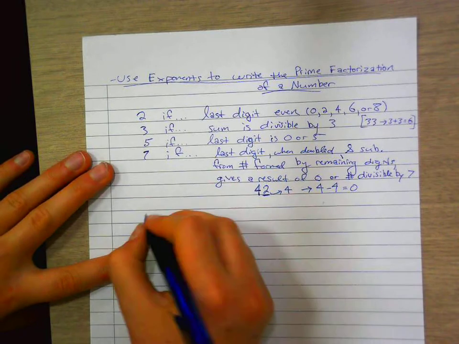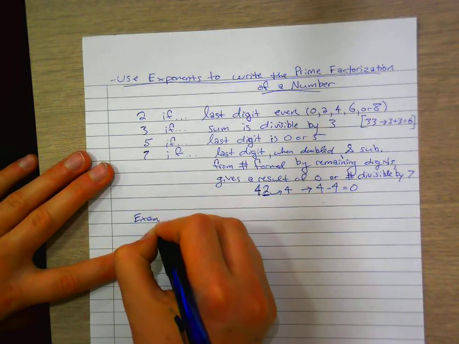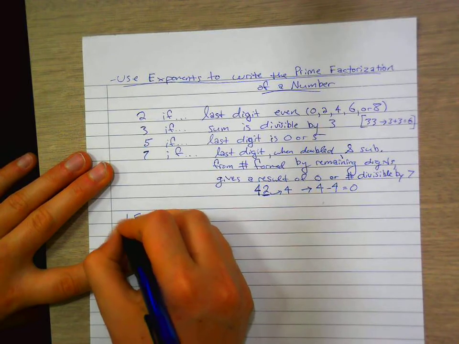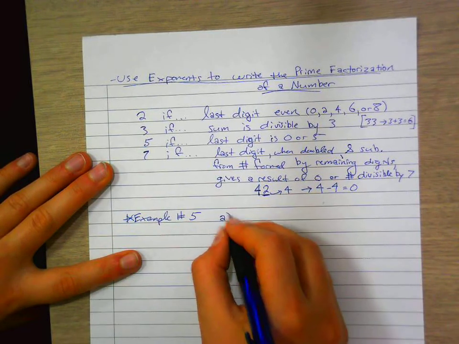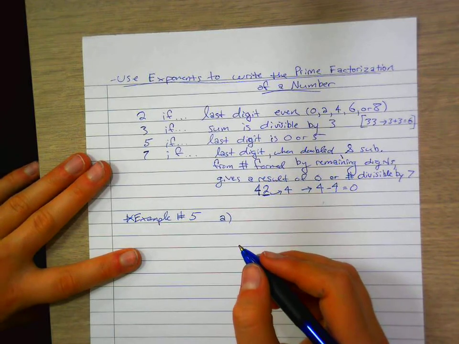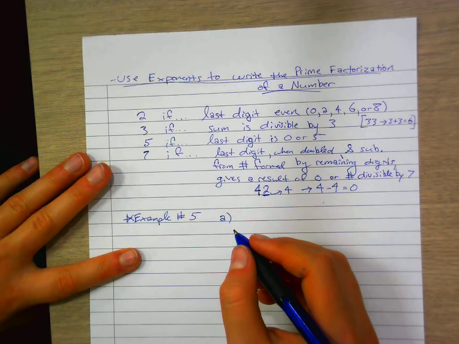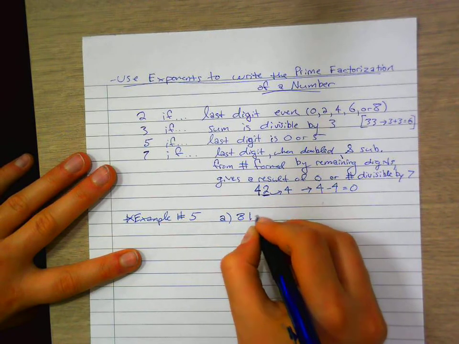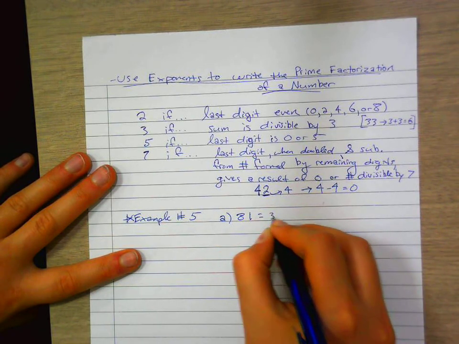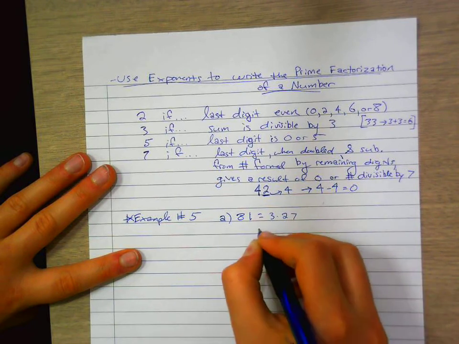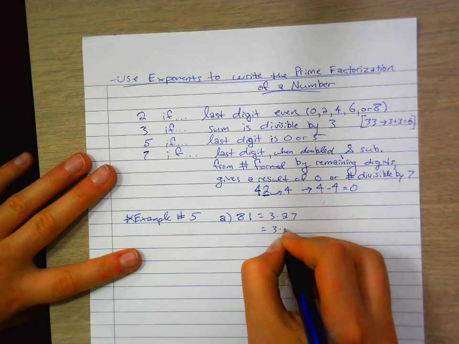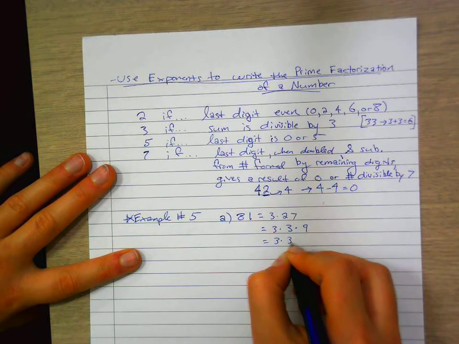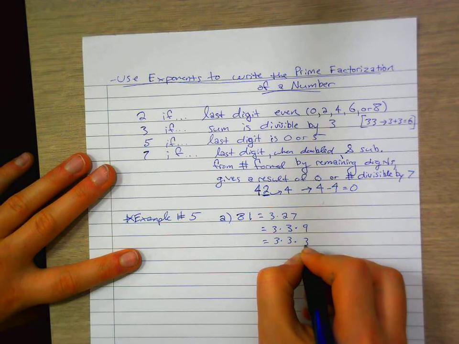Now let's try example number 5. A. Write the prime factorization of each number in exponential notation. Let's start with 81. 81 equals 3 times 27 equals 3 times 3 times 9 equals 3 times 3 times 3 times 3.